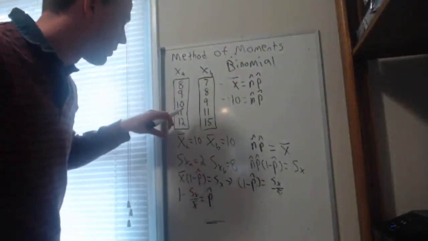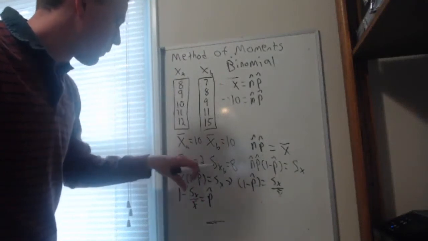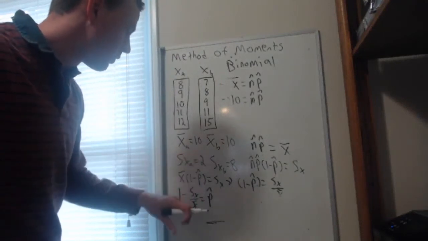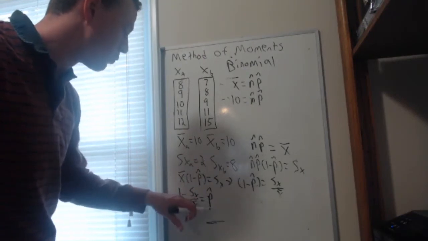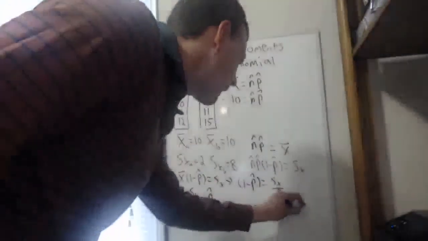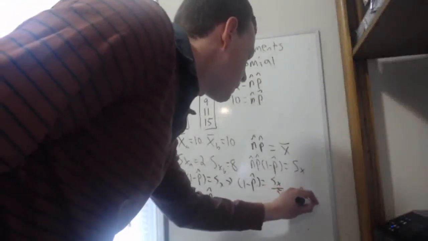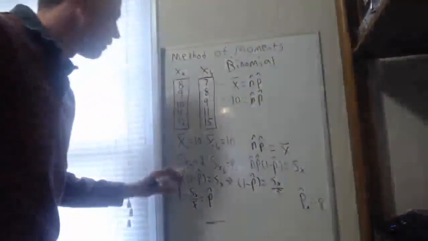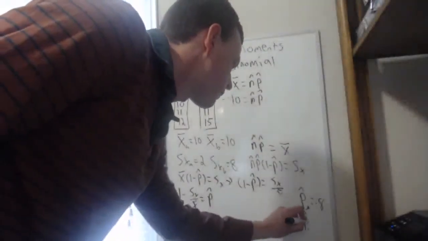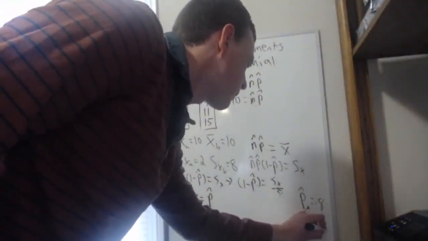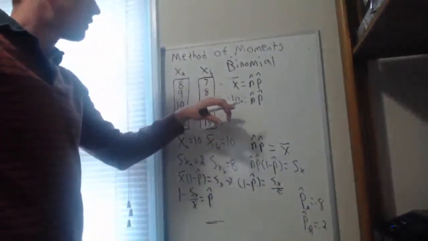In our first sample, the sample variance is 2. So 2 divided by 10 is 0.2. 1 minus 0.2 is 0.8. So our p hat A is 0.8, and accordingly, our p hat B is going to be 0.2. All right, now this is right.